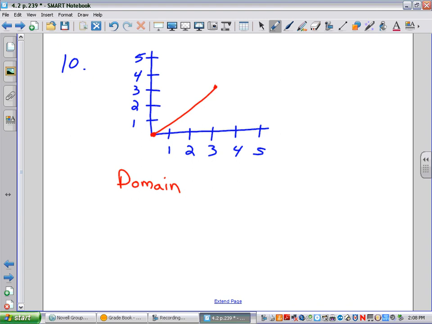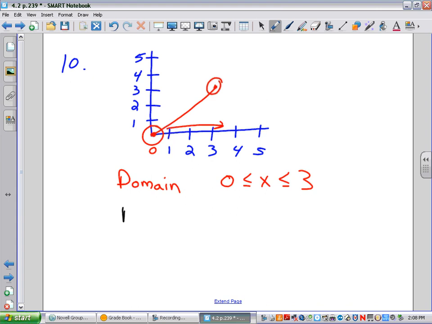You see your domain starts right here at 0, and it goes all the way over to right here, which is the number 3. So this is 0, and it goes from 0 to 3, left to right. So here's how I write the domain. 0 is less than or equal to x is less than or equal to 3, because it's between 0 and 3.